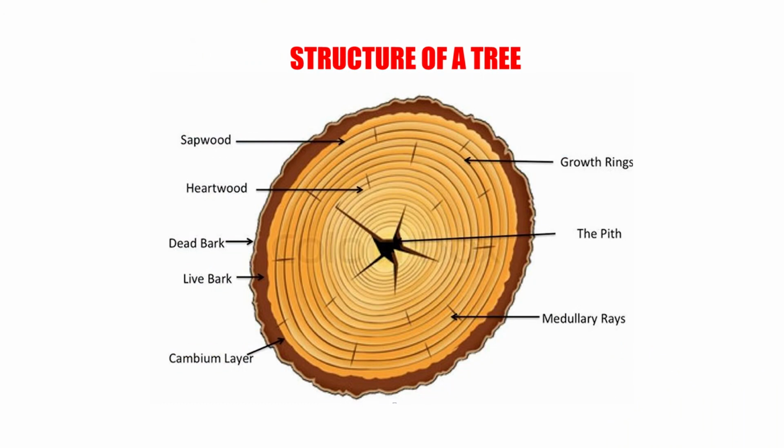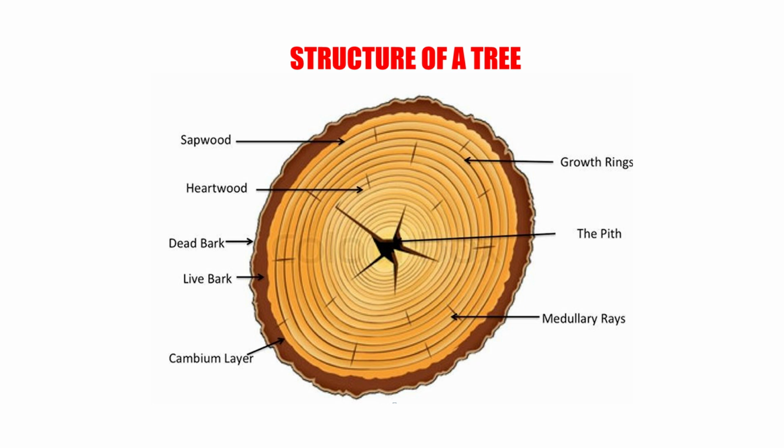Well, let's go to the next subheading. You will be looking at a picture on your screen right now, which shows you the structure of a tree. We're going to look at it step by step to help you understand it better. We'll start from the outer parts of the structure.